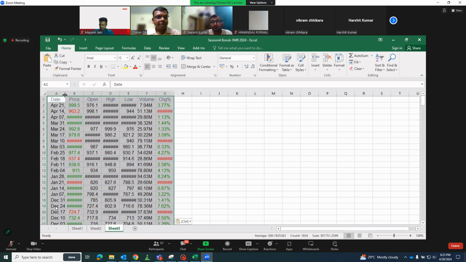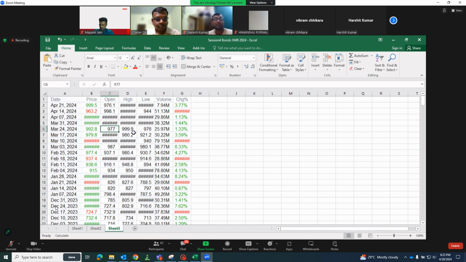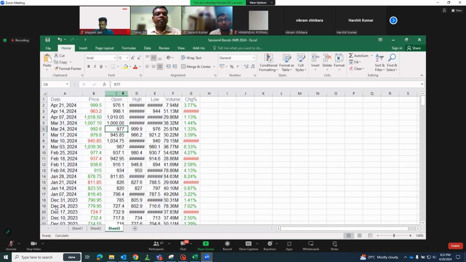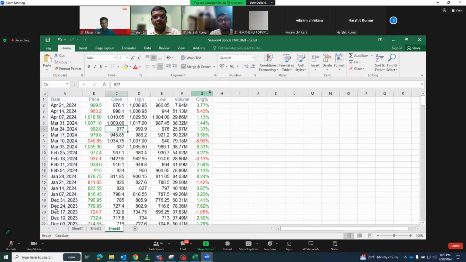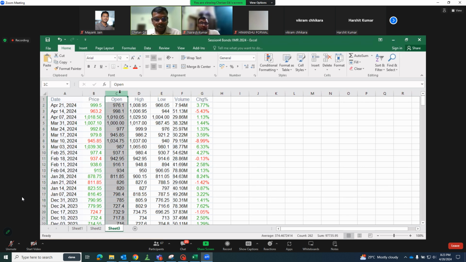So I copy pasted it. You can see there are many prices here. I'll only keep one price. Price means the last price, the closing price, the weekly closing price. So I delete everything else.